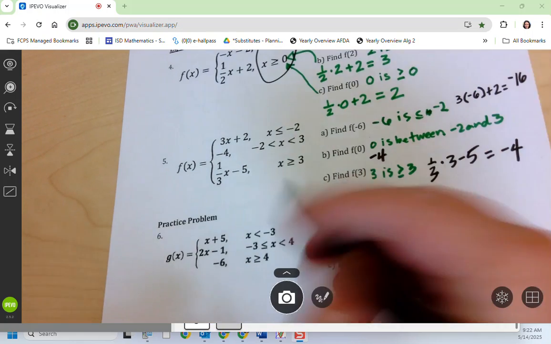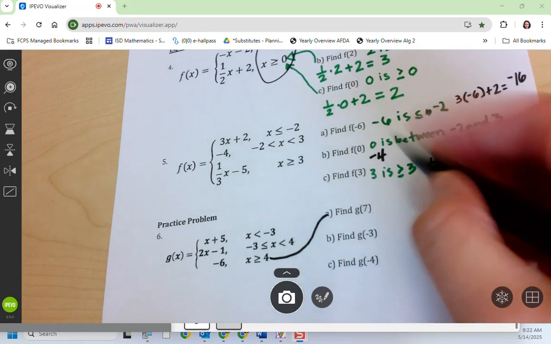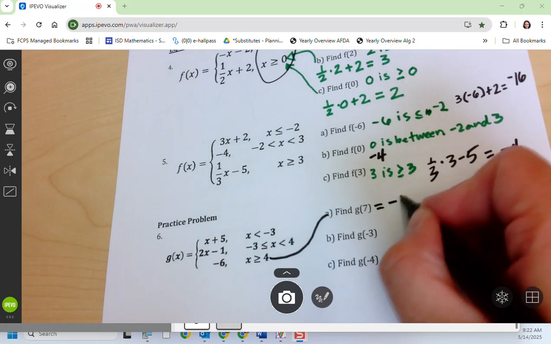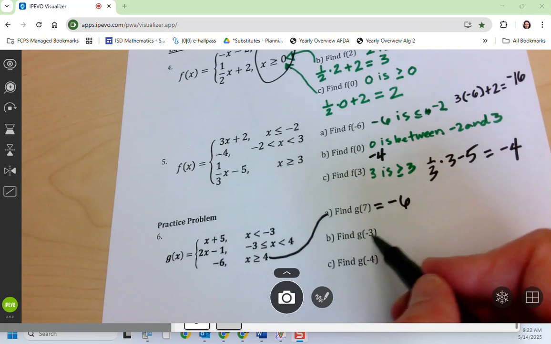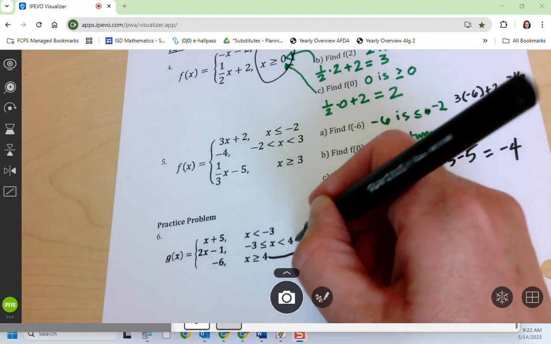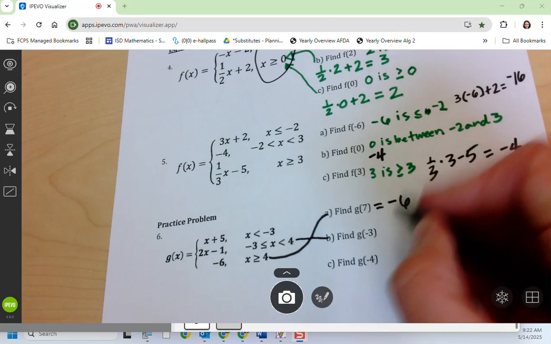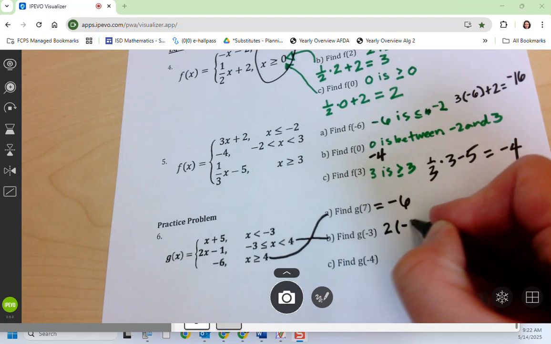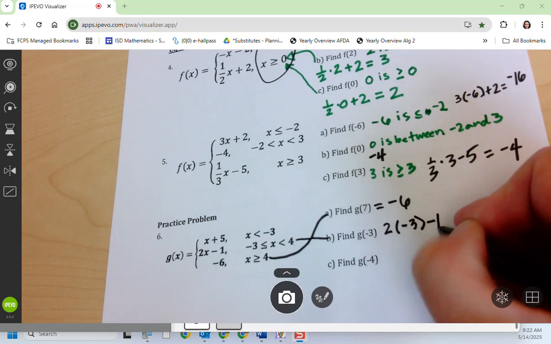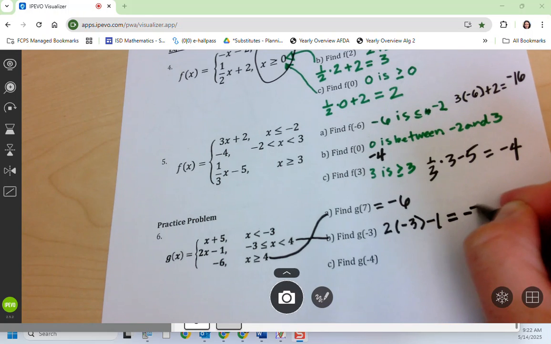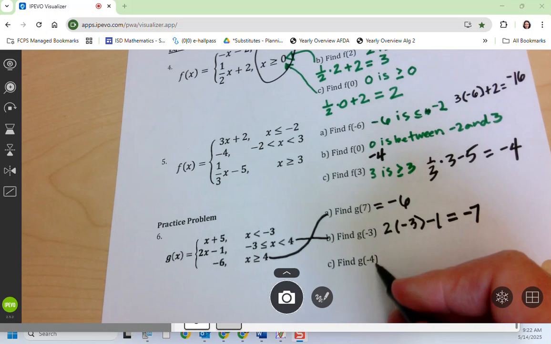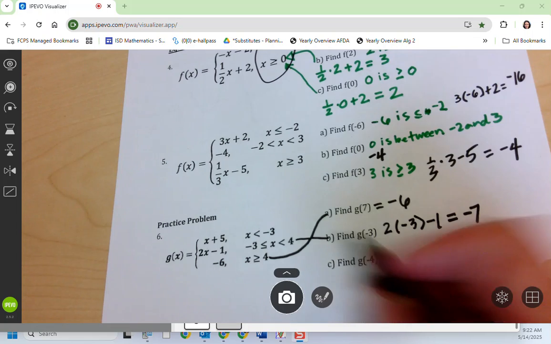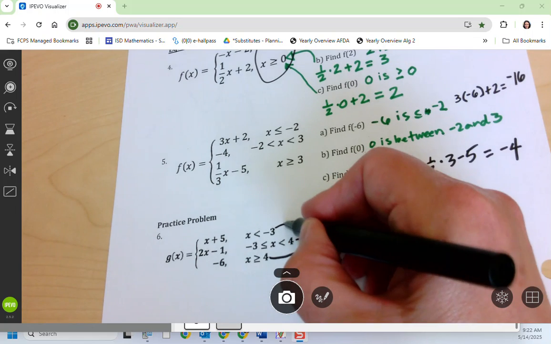So this one goes here. And then G of -3 is this piece right here. And then G of -4, -4 is less than -3, so that piece goes here.